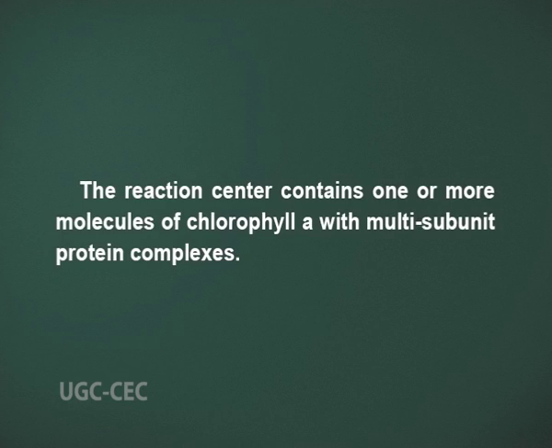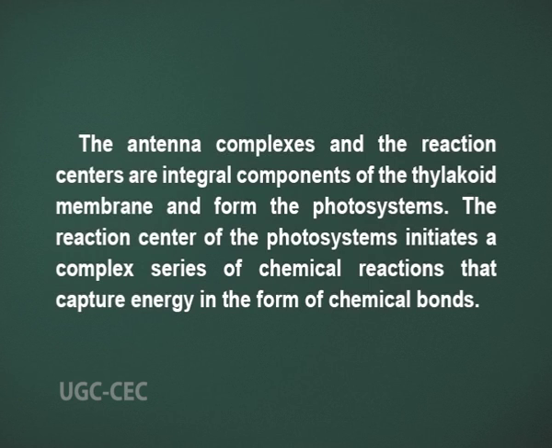Photosynthetic antenna pigments gather the photons coming from the sun and transfer the energy to a specialized chlorophyll protein complex known as the reaction center. The reaction center contains one or more molecules of chlorophyll a with multi-subunit protein complexes. The antenna complexes and the reaction centers are integral components of the thylakoid membrane and form the photosystems.